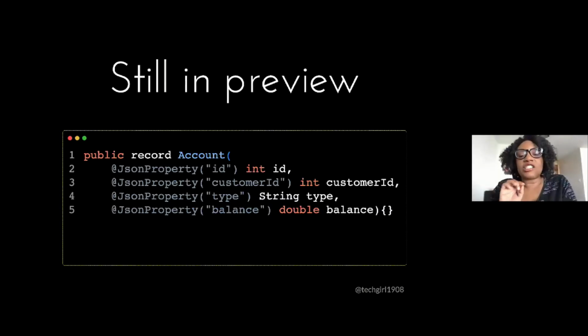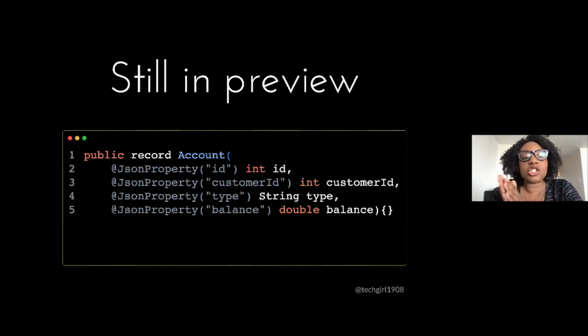That also means that support from external libraries may not be available just yet. For example, when I was writing this talk, the Jackson library didn't have support yet. So I used Jackson to deserialize that JSON response into this record, but there wasn't the support to do it organically. So as a hack, I needed to explicitly bind each of these fields to its respective JSON property.